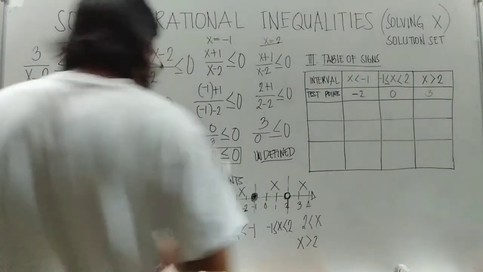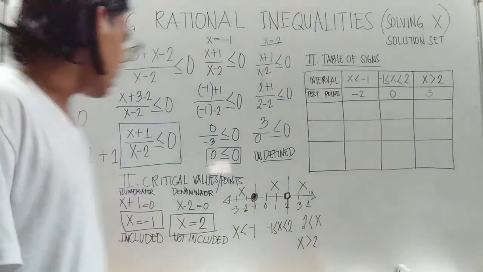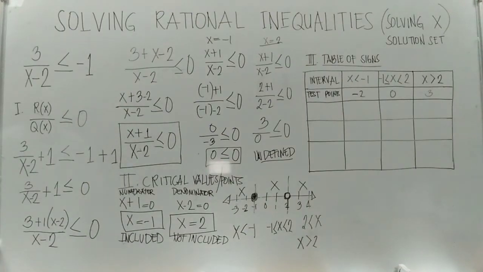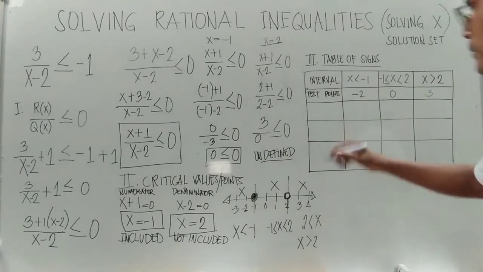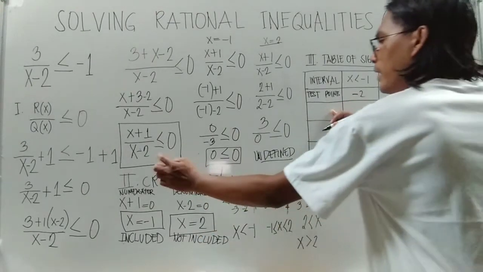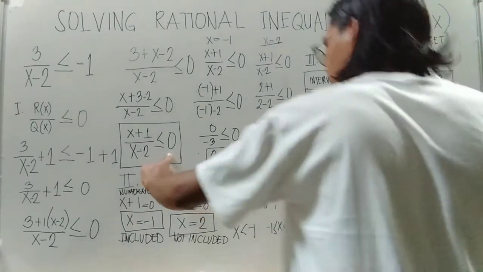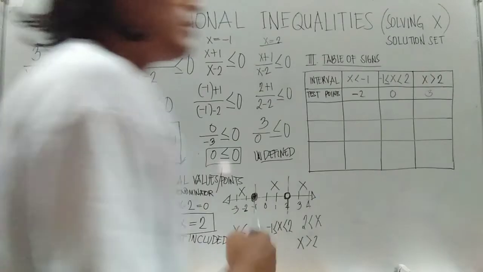Okay, so below your interval and test points, you have 3 columns. So the 3 columns are for your numerator. So what is your numerator? Again, do not forget that we will be solving on this inequality and not on this one.